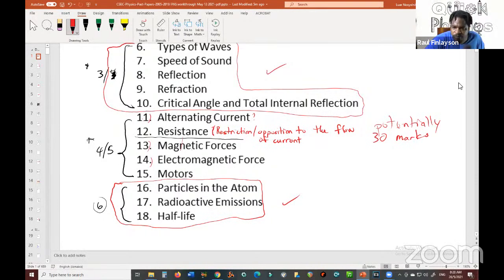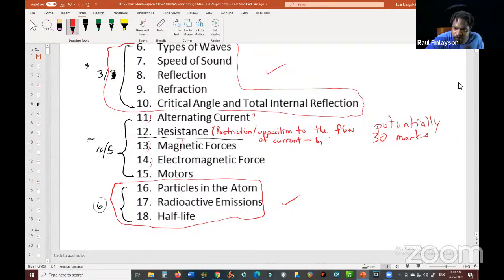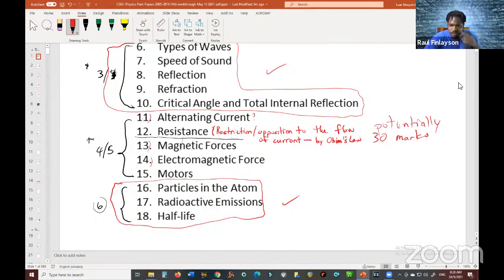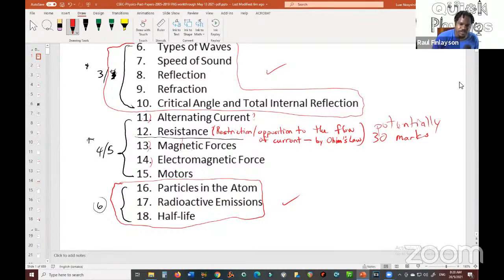And this is by Ohm's law, really. When we talk about resistance now, we have to mention Ohm's law. We will talk about that some other time. I really believe strongly Ohm's law will come up in this question.